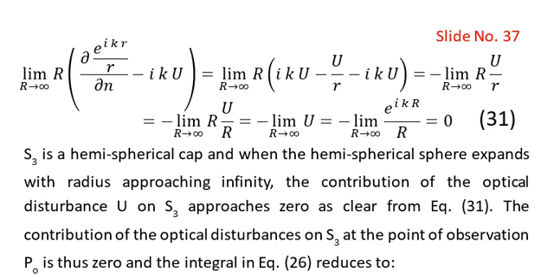So in equation 31 we have provided the justification of using the Sommerfeld radiation condition. We have assumed that U is not a plane wave, but is actually a spherically diverging wavefront incident on the aperture.